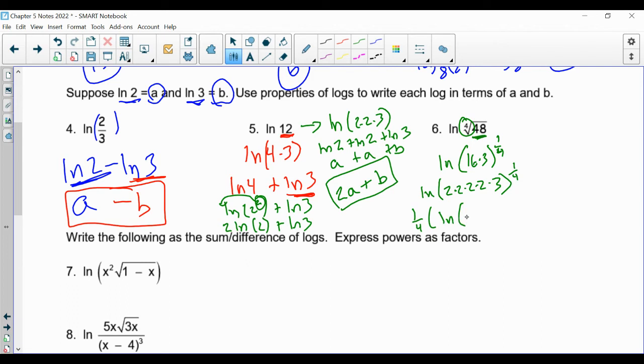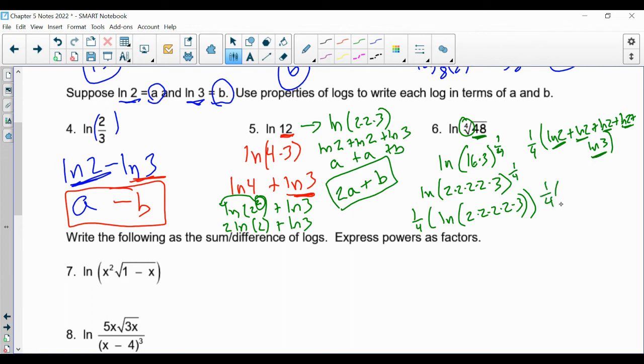Okay. And now, because I have all of these multiplications, what I'm going to do is write it as 1/4 times natural log of 2 plus natural log of 2 plus natural log of 2 plus natural log of 2 plus natural log of 3. And again, now I can see, oh, I've got all of these guys that are now my a's and my b's.